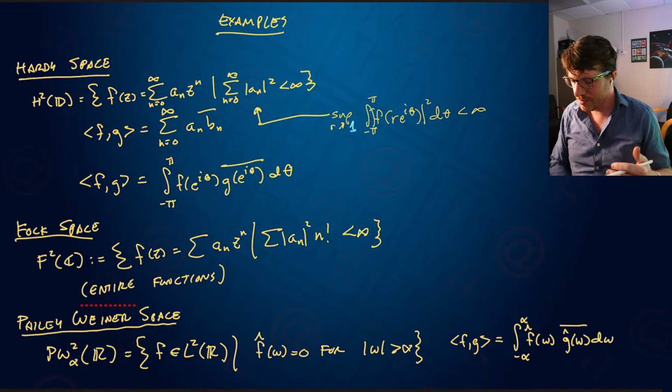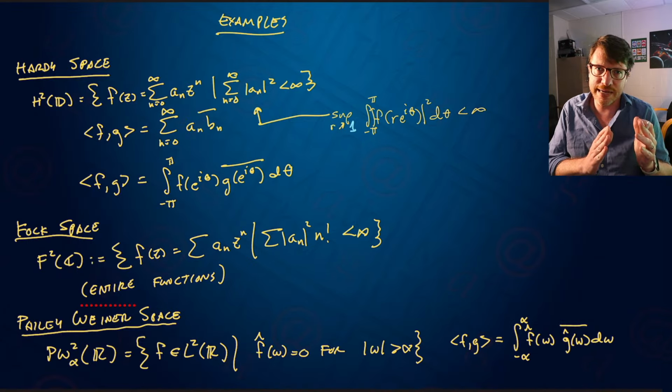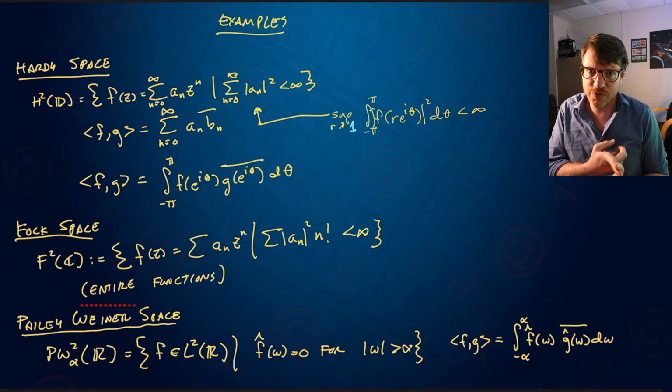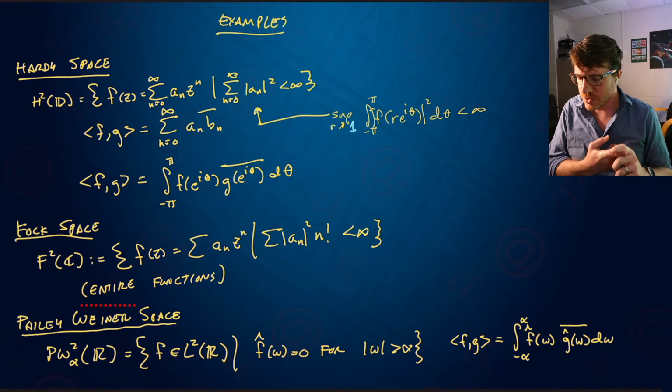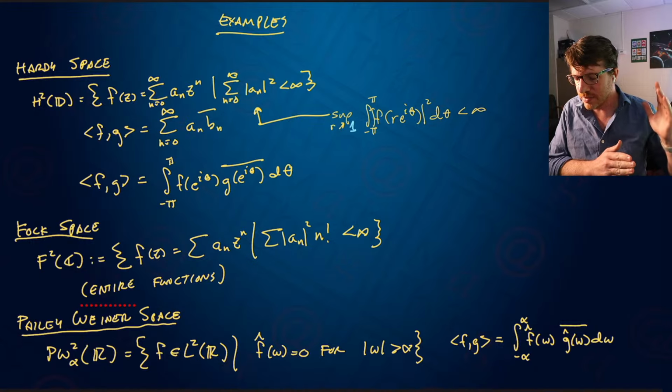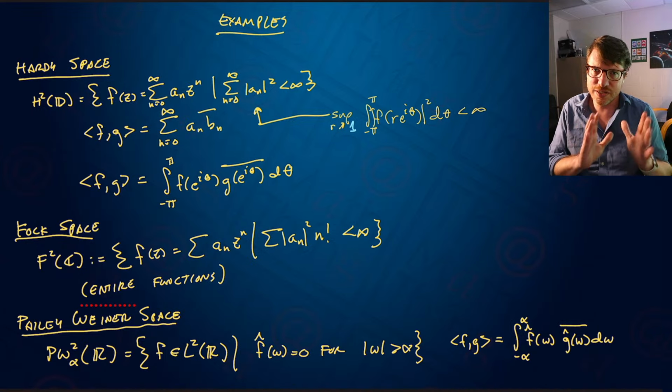The route for this is straightforward, but basically you just need two facts. One is that the Fourier transform of an L1 function is continuous. And so what you get here is that the Fourier transform of f is compactly supported.